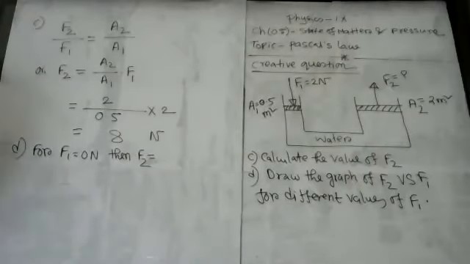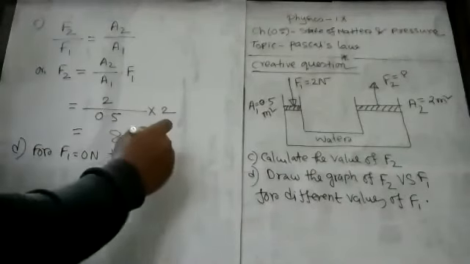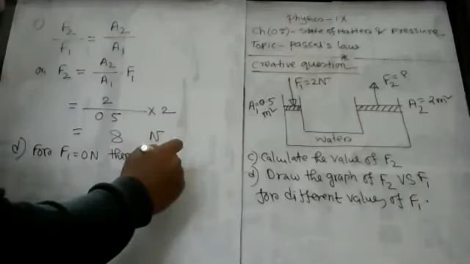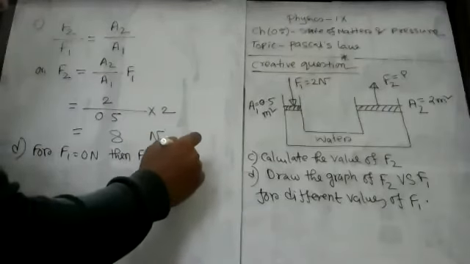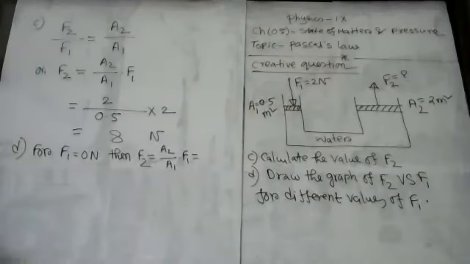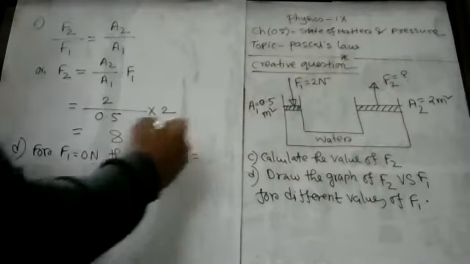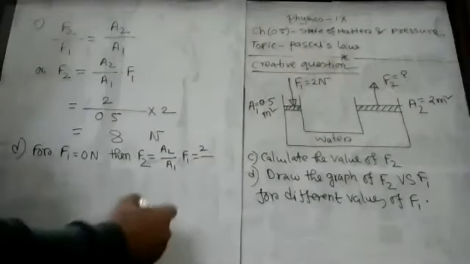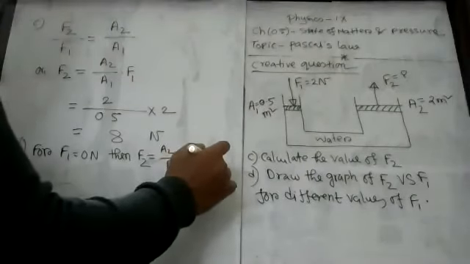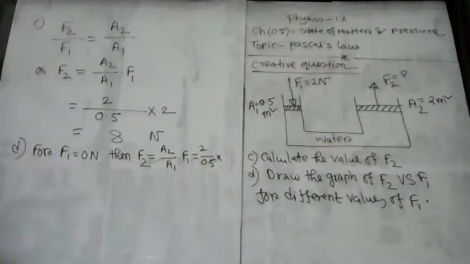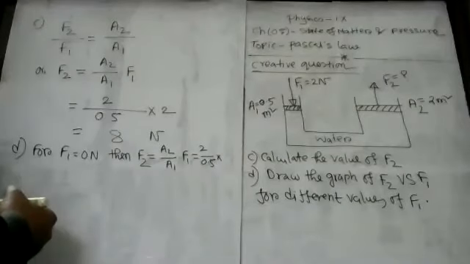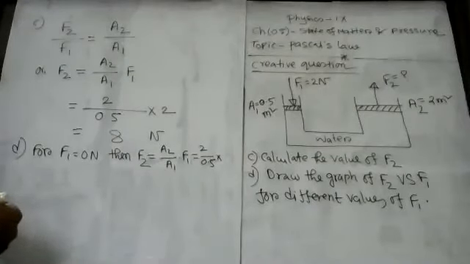Here A2 equals 2 meters square, A1 equals 0.5 meters square. And what is the value of F1? F1 equals 2 Newton.